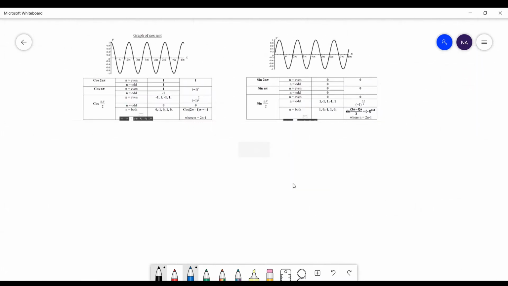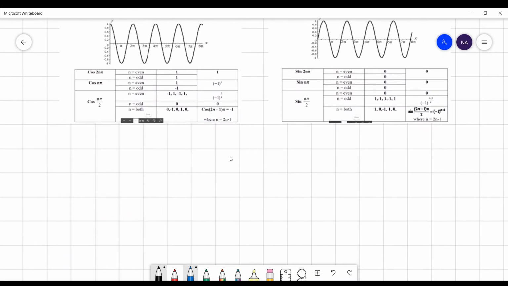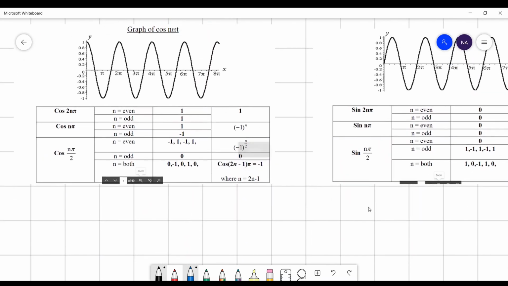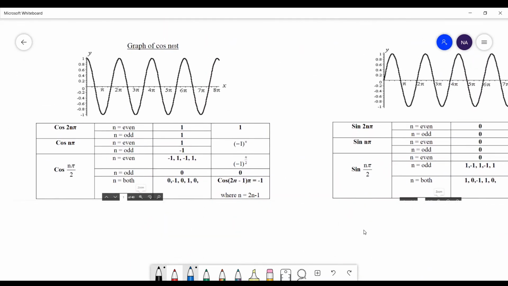This one is also in the notes. Can you see that this one is the cos graph. So cos n pi, actually for all integers, cos n pi is negative 1 to the power of n.